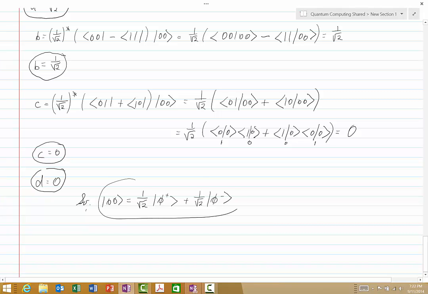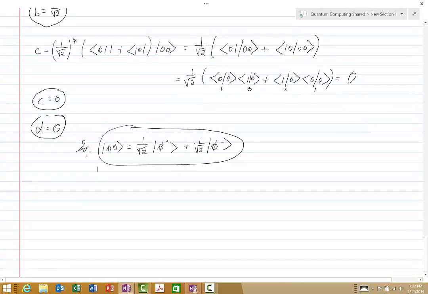This is the answer to this exercise, and let's just check it to make sure. So I'll put a question mark or the equal sign. We get 1 over square root of 2.